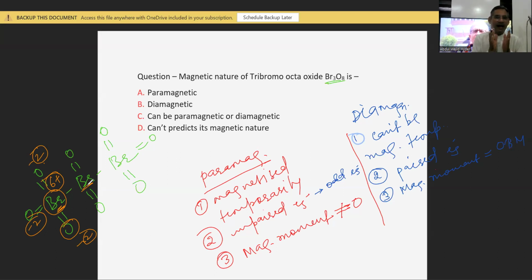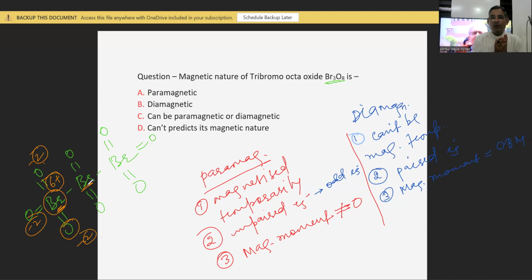Always, O-O bonding, that is called peroxide bonding, will have -1 charge.